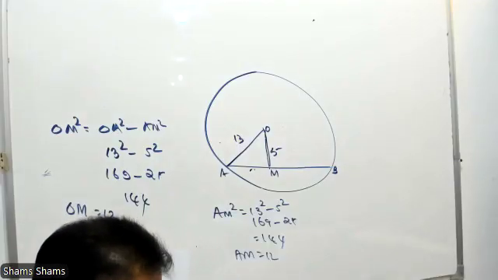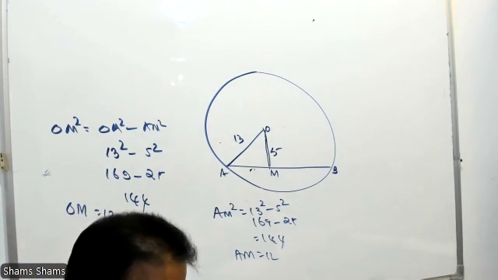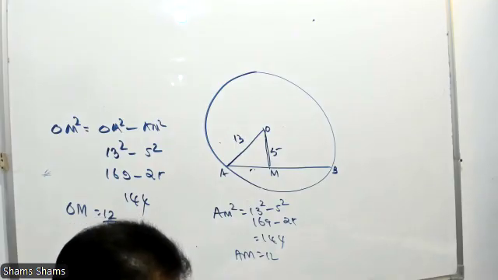If two intersecting chords of a circle make equal angle with the diameter.